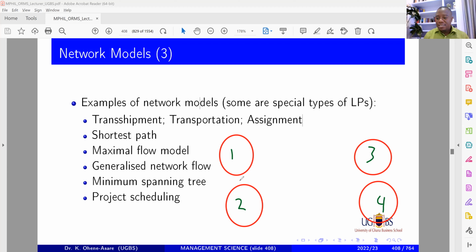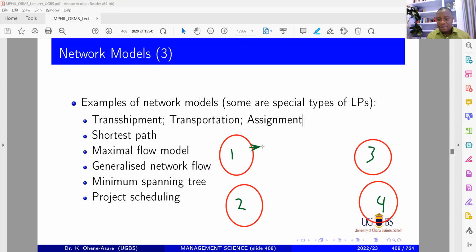You have node 1, node 2, node 3, node 4. Now, there is a connection between these nodes, and I'm going to draw this connection using the arcs. So here is the first connection.